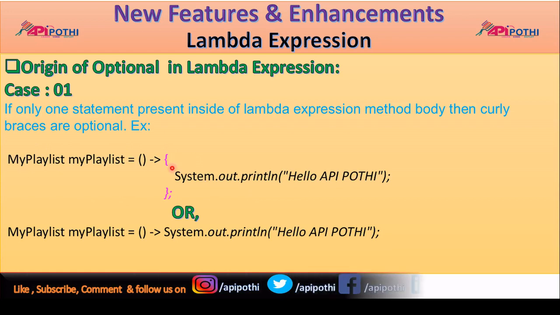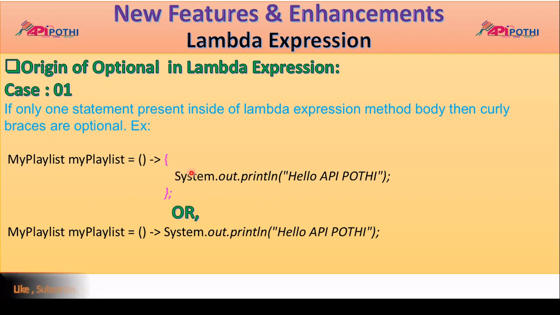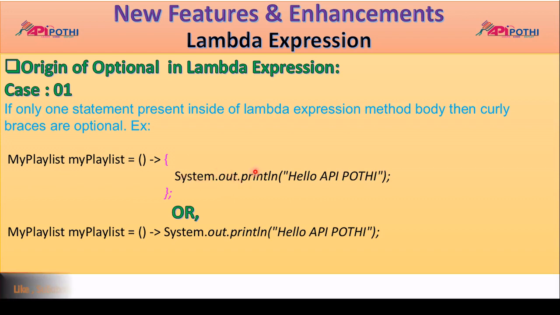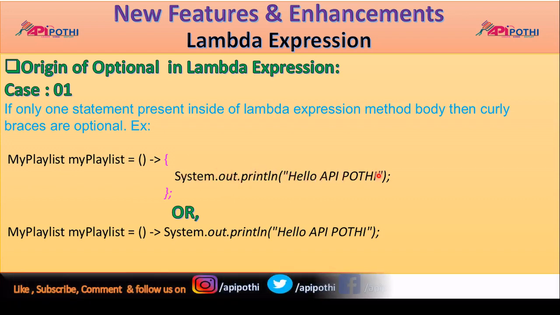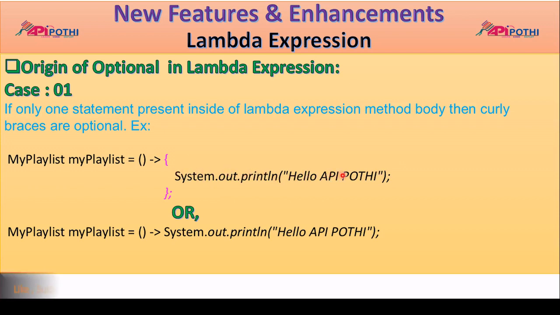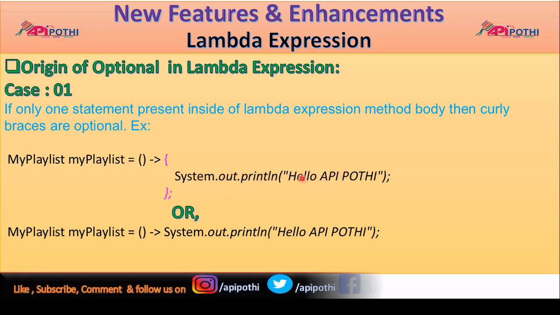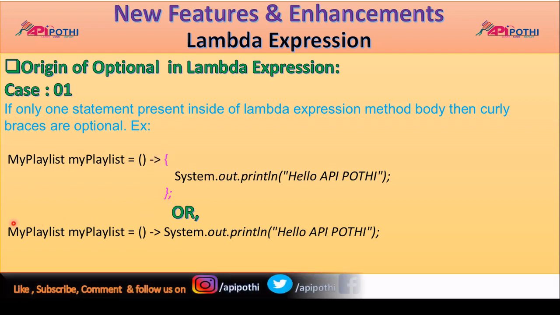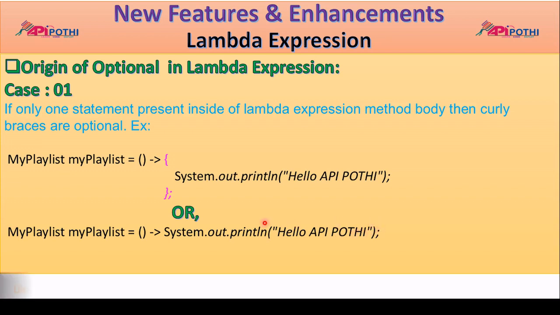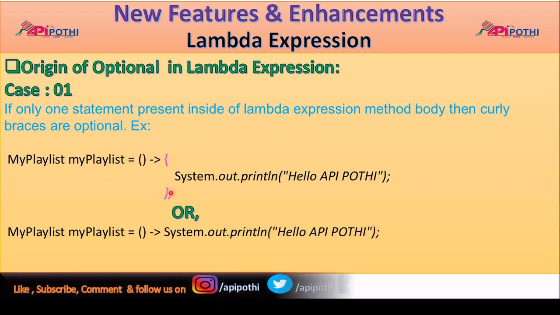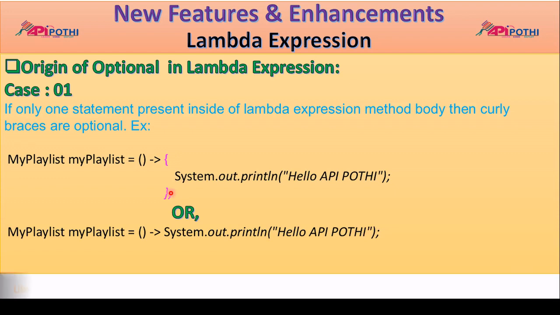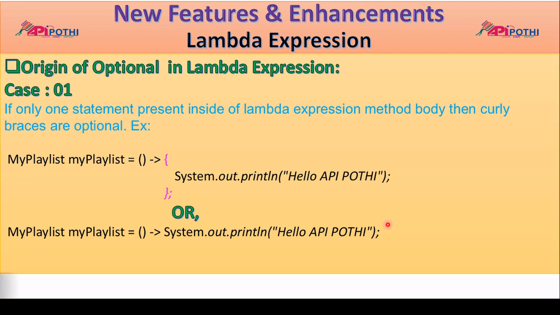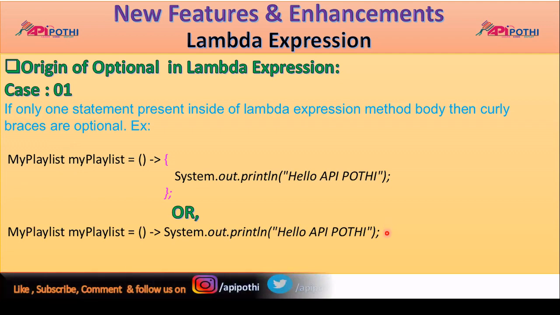In this method area you have only one statement, System.out.println, which is a single statement. In that condition we don't have to include the curly braces, so you can write it this way also. This becomes optional when you have only one statement. But if you write it with braces, that also looks good and is perfectly accepted.